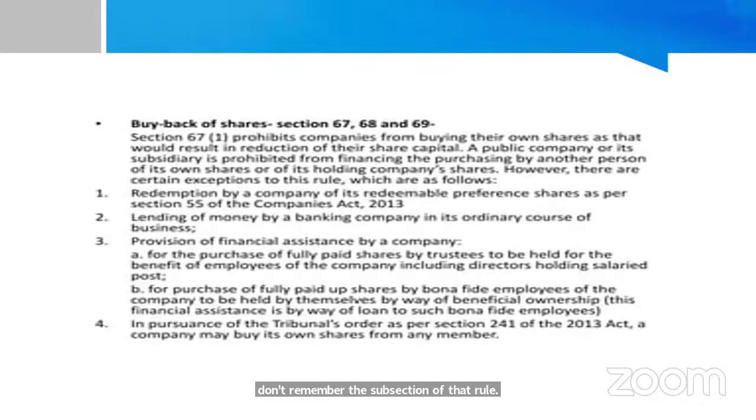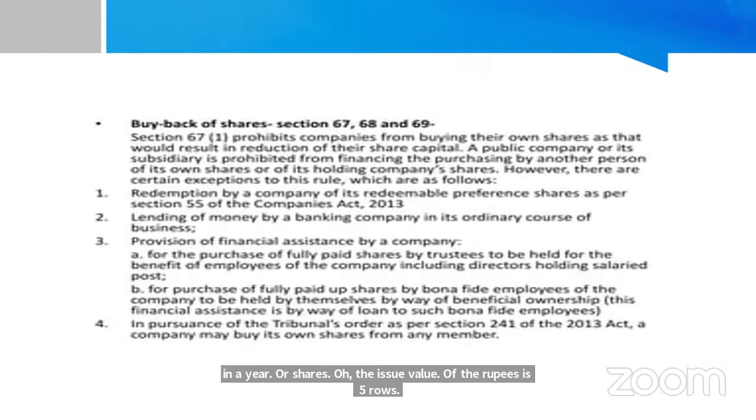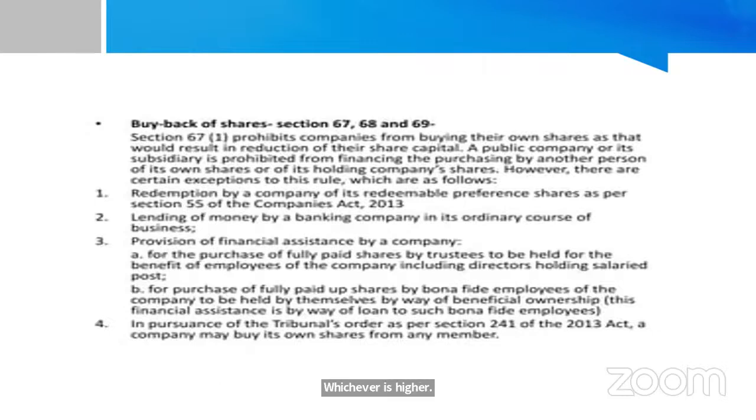So a company shall not issue sweat equity shares to its employees, directors and others for more than 15% of the existing paid up equity share capital in a year, or shares with an issue value of 5 crores, whichever is higher, either 5 crores or 15% of the existing paid up share capital.